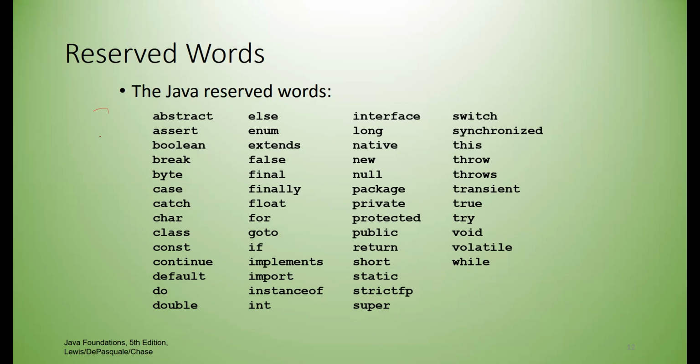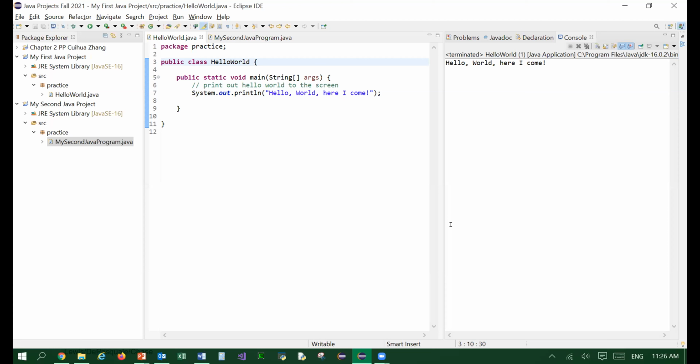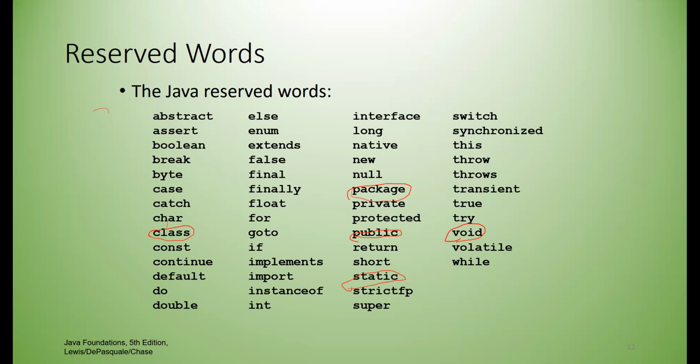We know this one, we just used that one. We know static. We use that one. Public. We use that one. And package. And that's about it. I think void. So those are the keywords we just used in your program. That's what keywords are. They are called reserved words. That means you cannot use them to name your class or to use as a variable.